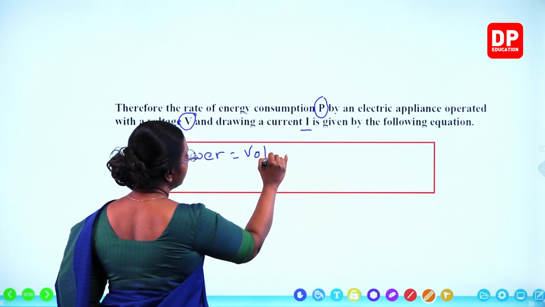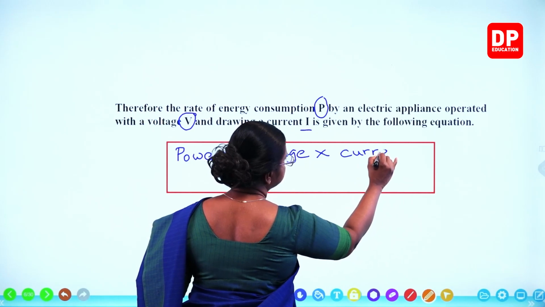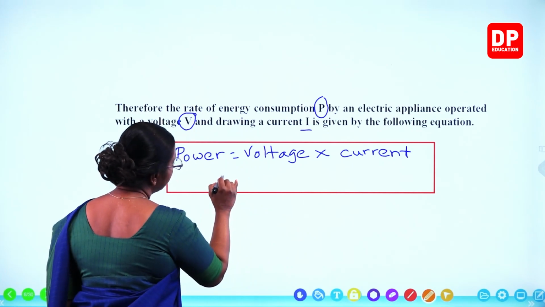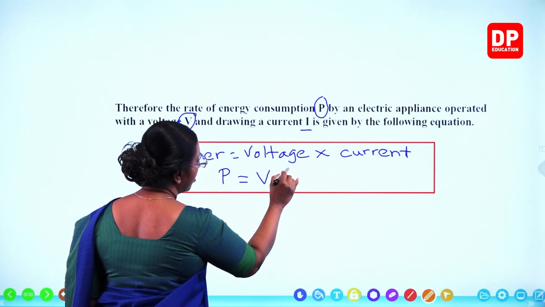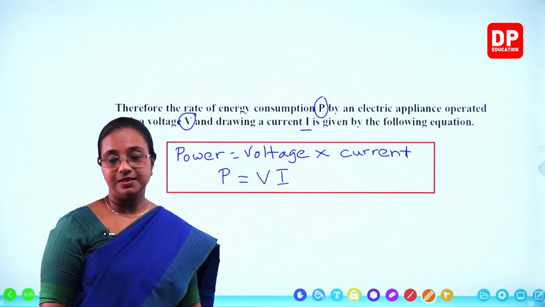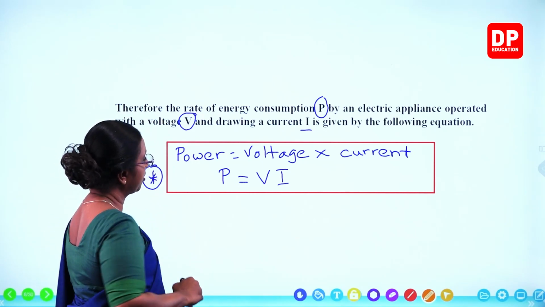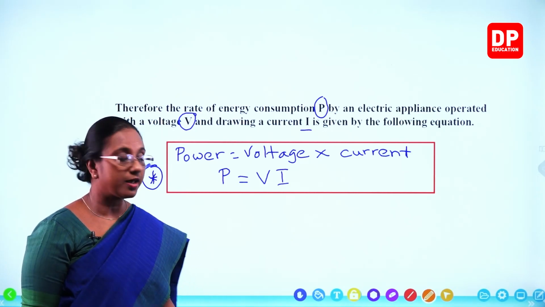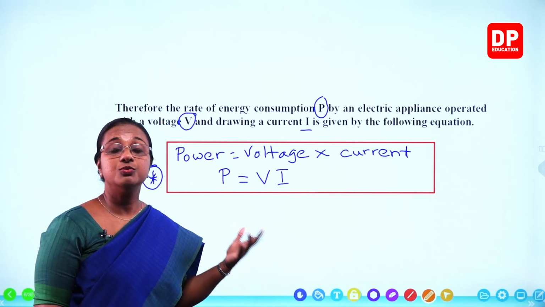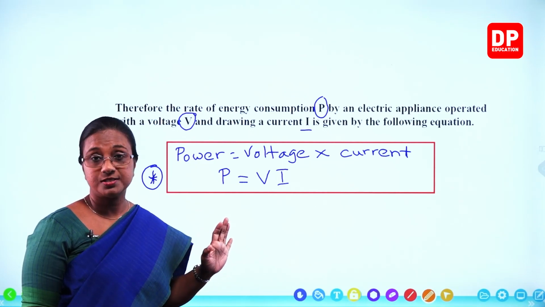Power P equals voltage into current, V into I. P equals VI. You all have to remember this equation. This is very important. Power equals voltage into current, P equals V into I. We will be using this equation to do calculations, and this has the unit watts.